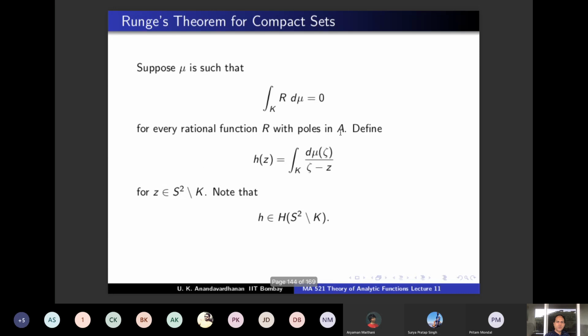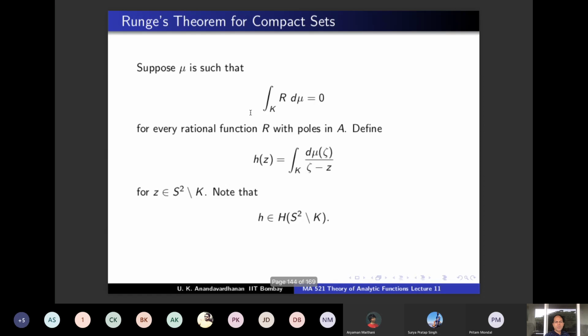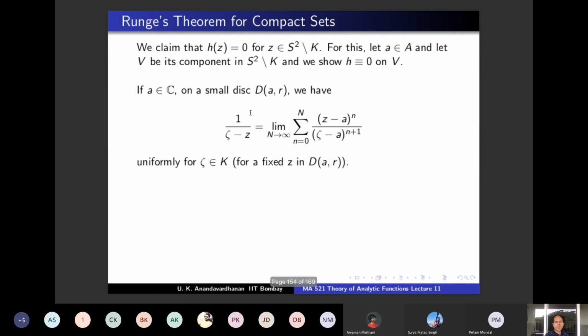We are interested in showing what is given to you: integral r d mu is 0 for every rational function r. So this is a rational function in zeta, and where is its pole? It has only one pole, and that pole is A, of order n plus 1.